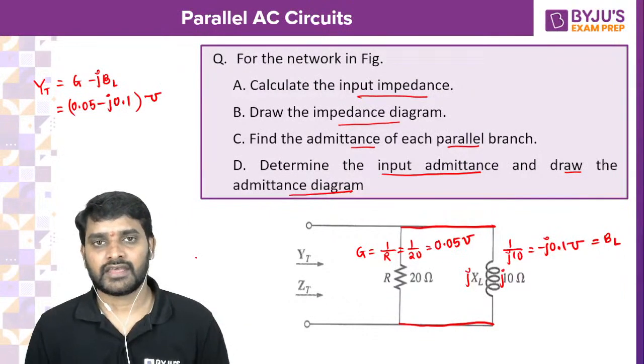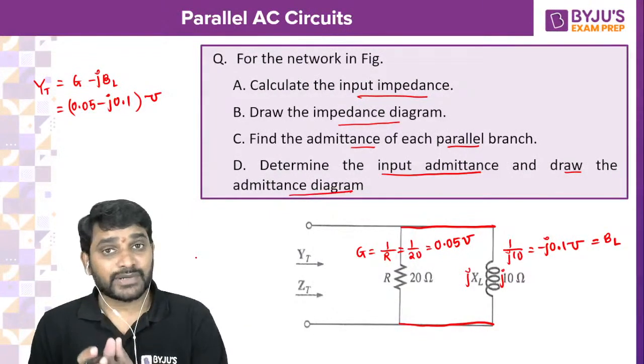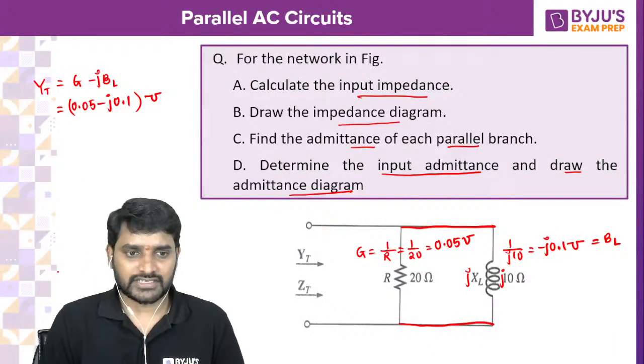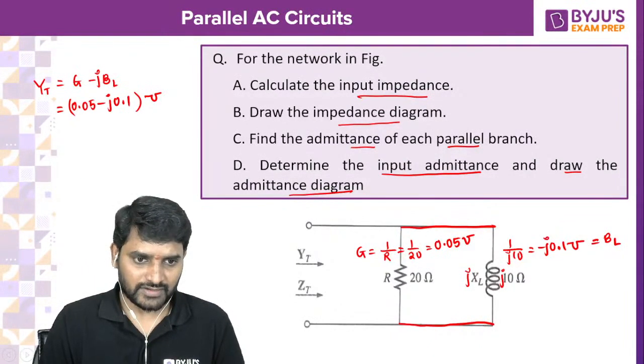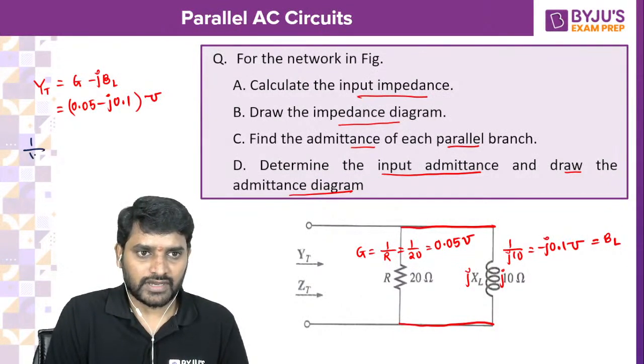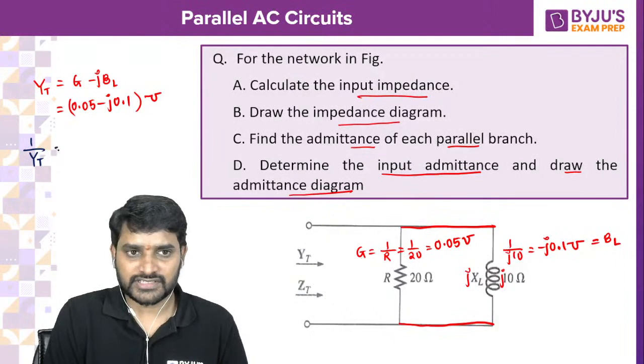It is asking for impedance also. After getting the admittance, you take the reciprocal of it: 1 by Y_T, our total admittance, equals the total impedance.